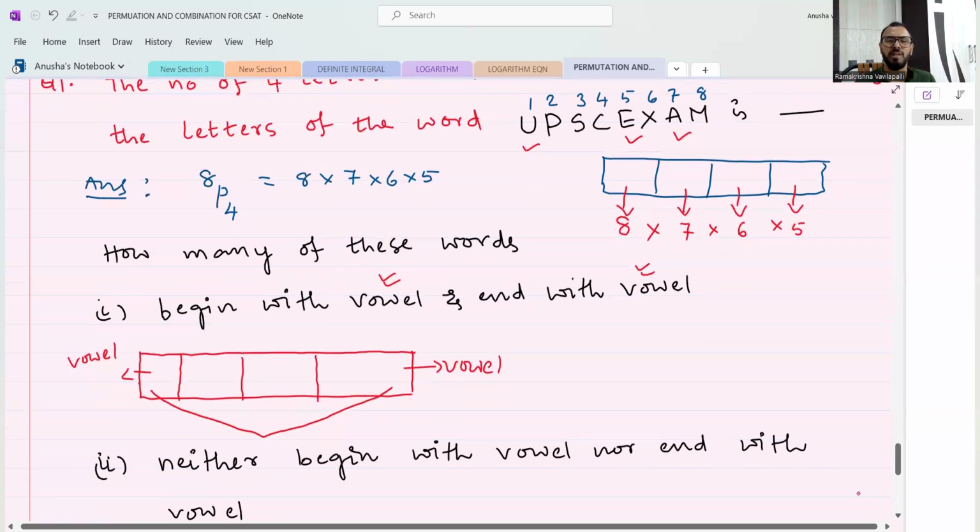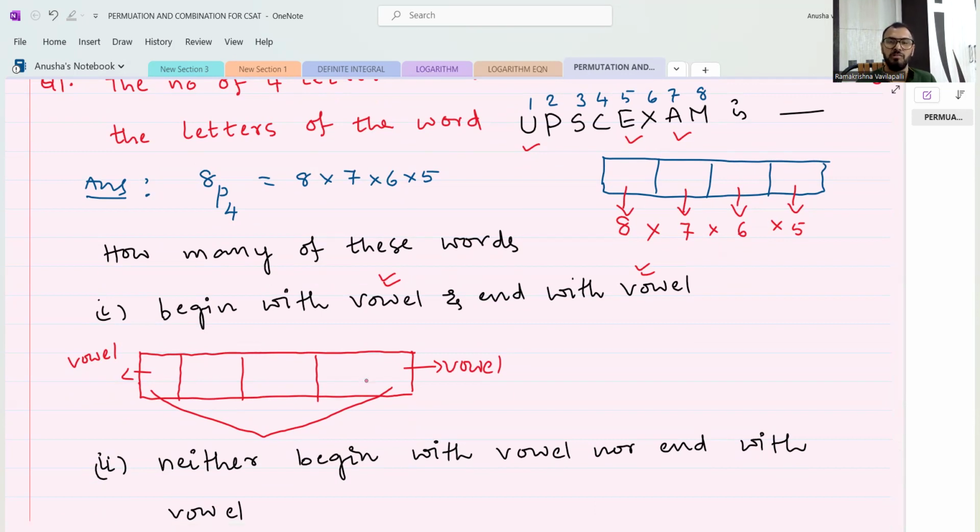We have 3 vowels, so we can fill these 2 boxes with 3 vowels in 3P2 ways. Or you can think that this box can be filled in 3 ways and 2 more vowels are left, so the last box can be filled in 2 ways.